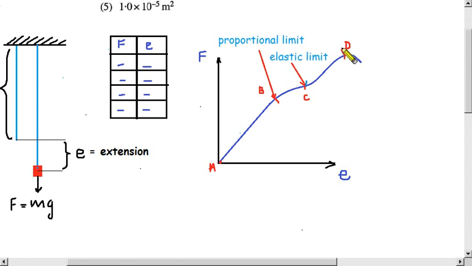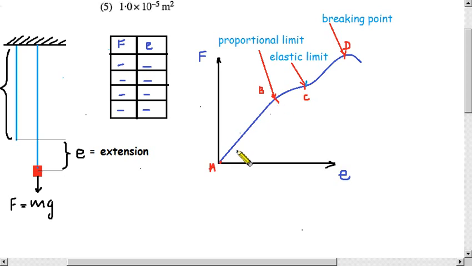So this point D is called the breaking point. So all this is wording. Point C is the elastic limit, point B is the proportional limit.